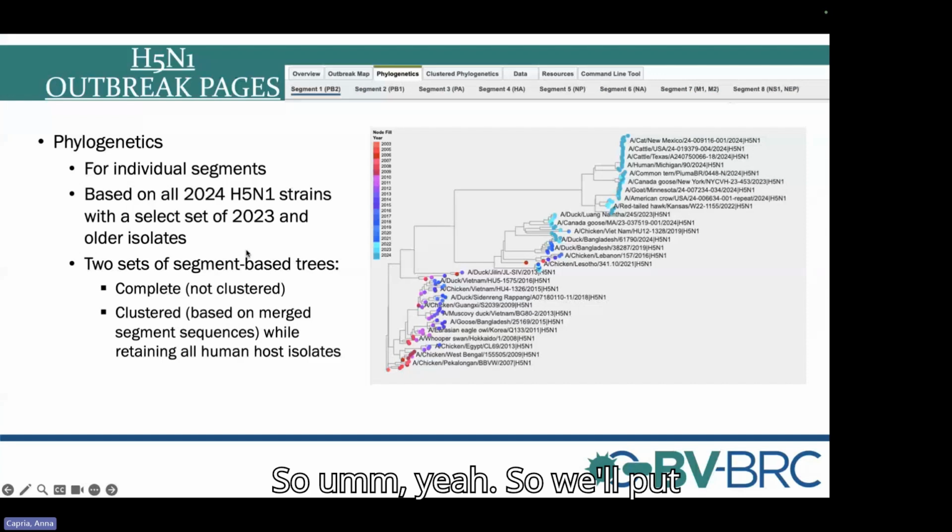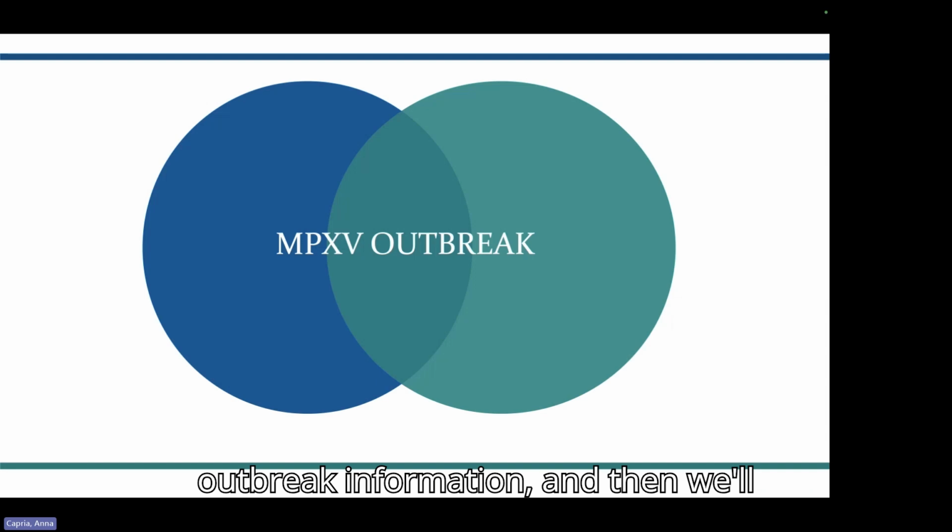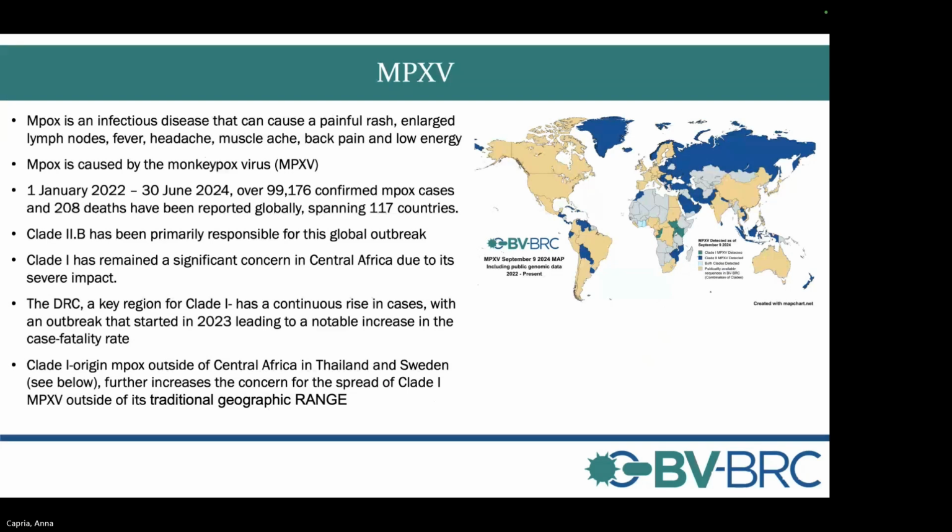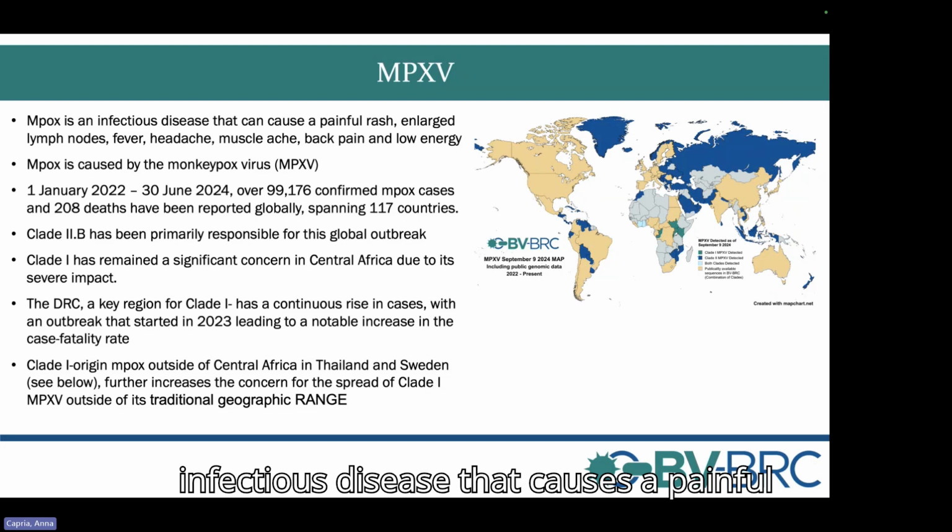Well, we'll put them in the context of the outbreak pages. So I'll switch over to our monkeypox virus outbreak information, and then we'll review both sets of pages in depth. So the monkeypox virus outbreak is starting with mpox being an infectious disease that causes a painful rash, enlarged lymph nodes, fever, headache, muscle ache, back pain, and low energy.